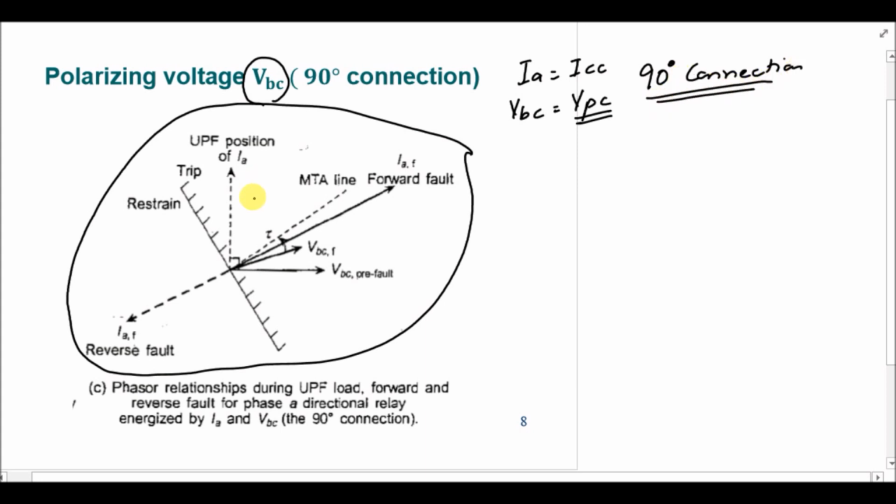Because when we take the pre-fault current IA and pre-fault voltage VBC, there is an angle of 90 degree between these two phasors. VBC and IA have an angle of 90 degree, and in the 90-degree connection related to phase A, IA and VBC will act as the two inputs for the directional relay in order to detect the forward fault.